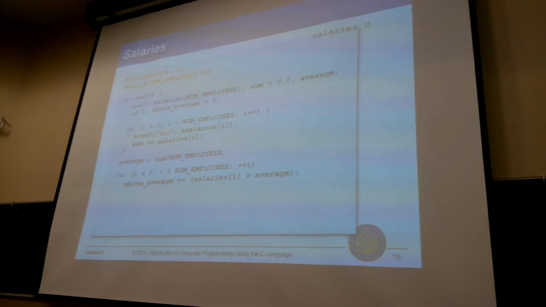For each array element, we're checking if the salary is greater than the average. And if it's greater, we add 1 to above average, right? So this logical expression will evaluate to 0 or 1. If the salary is above, we'll add 1. If the salary is equal or below average, we'll add 0. And again, we're accessing each one of the array entries one by one.